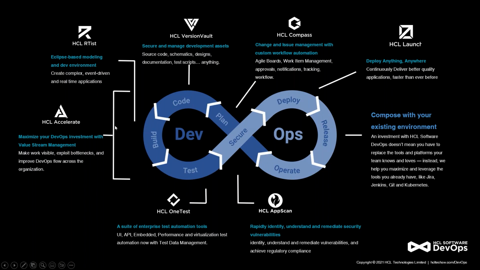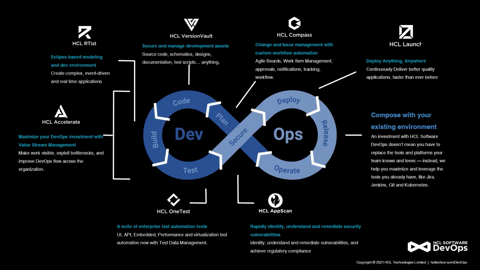One interesting product I do want to mention here is HCL Accelerate. I'm going to have a slide on the upcoming workshops, where you'll see that next week we have a workshop on HCL Accelerate. This is a product that helps with maximizing your DevOps investment for your value stream management.